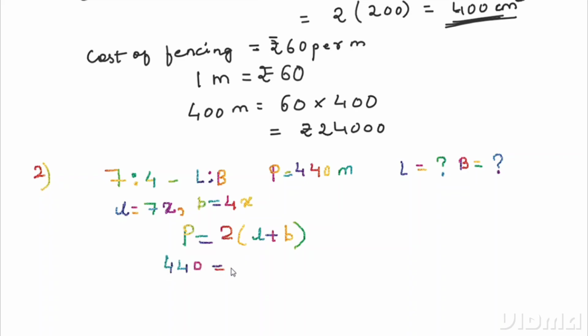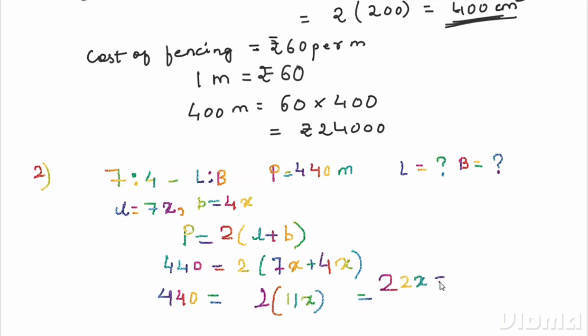Then I will substitute: 7x plus 4x. So 440 equals 2 times 11x, which becomes 22x equals 440. Then the value of x is 440 divided by 22. So I get the value of x as 20.